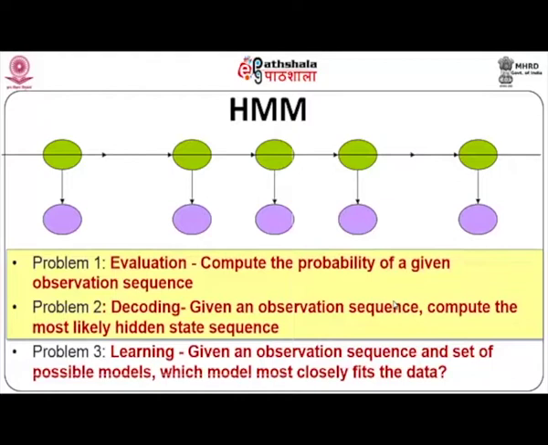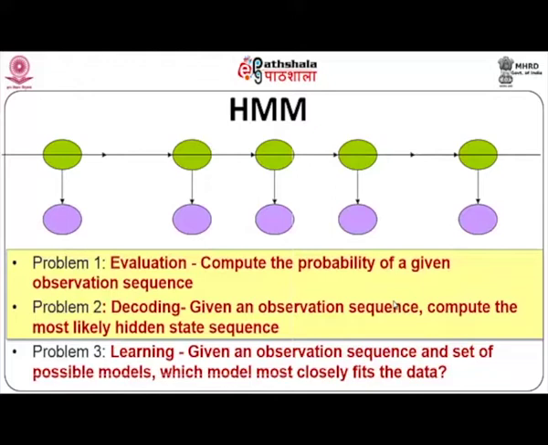Now, please note what is the meaning of this in terms of POS tagging. Remember, part of speech tagging is you have words and you have the part of speech tags. Now, the words were the observation, the part of speech tags are the states. So, compute the probability of a given observation sequence means, for the sentence the man eats the carrot, what is the probability that that particular sentence will come?